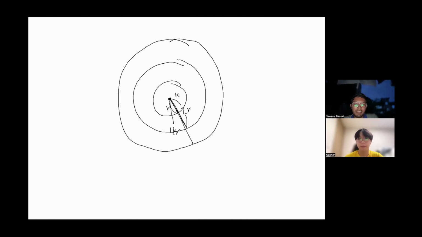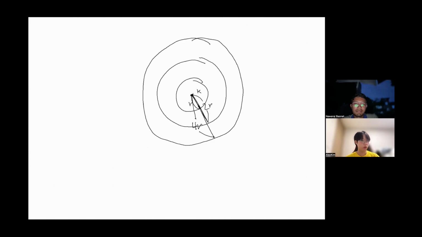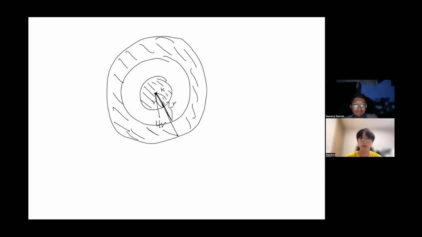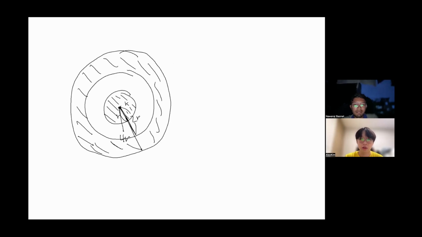The question is asking for the probability that Jason scores either 1 point or 5 points. So 1 point is this outer area, and 5 points is this middle circle. How we can find it is the area for 1 point plus the area for 5 points, over the total area of the dartboard.